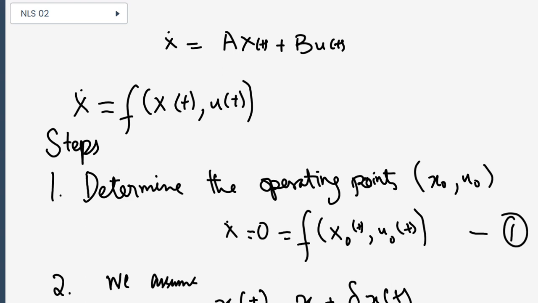Substituting them in this original equation, let this be 1, this be 2, this be 3. So from 1 and 3 what we'll be getting is, x dot equal to f of x(t), u(t).